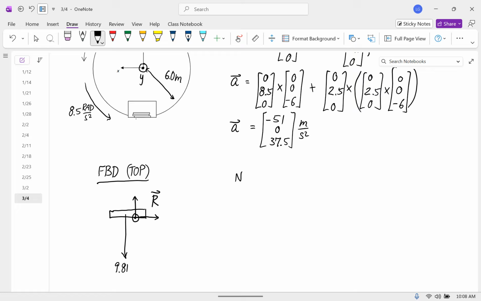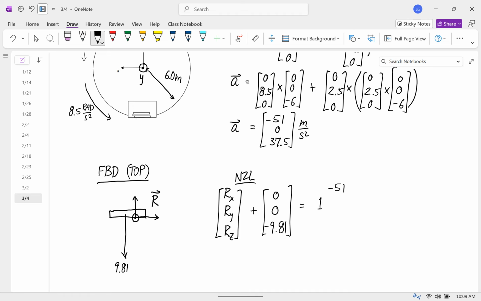And so Newton's second law says Rx, Ry, Rz plus 0, 0, negative 9.81 is equal to the mass times negative 51, 0, positive 37.5.